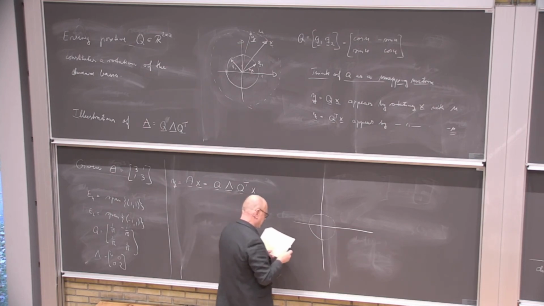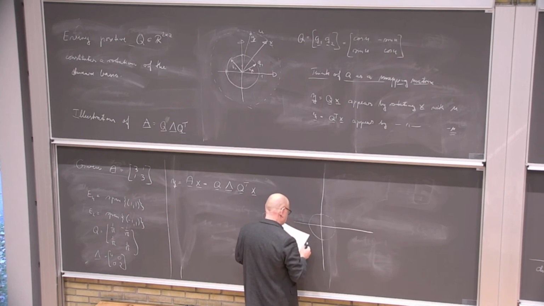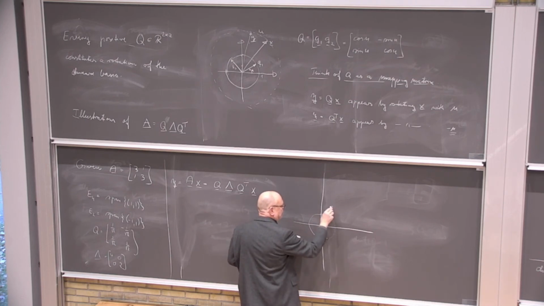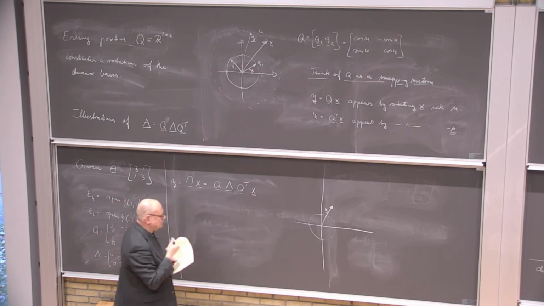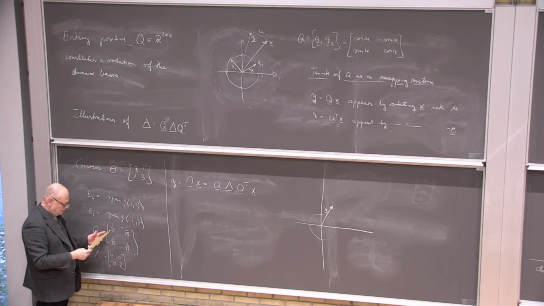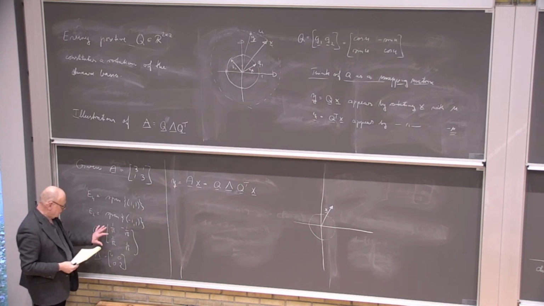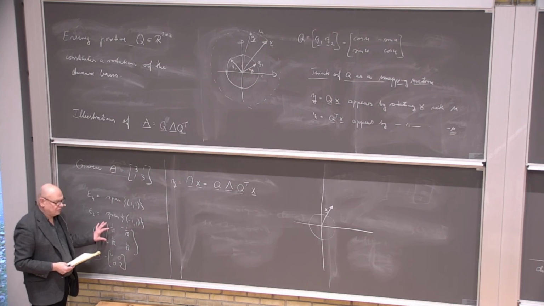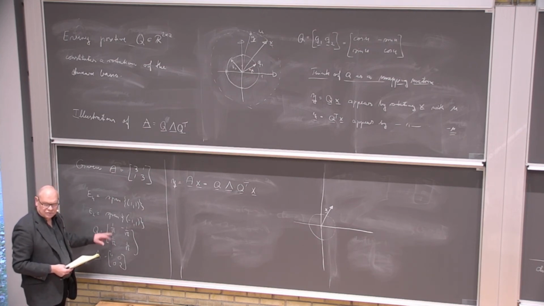And I take, again, a vector x here. Now, the angle that Q will rotate any vector or figure, that is pi fourth, corresponds to this.